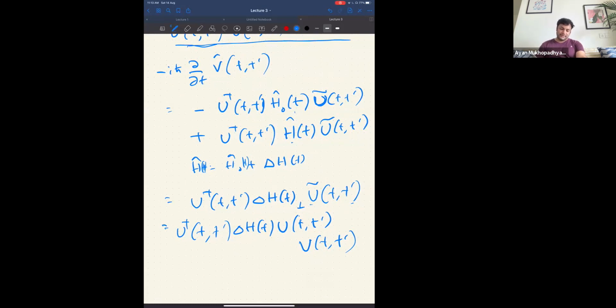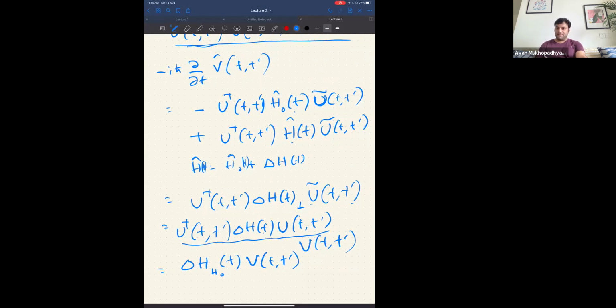Now, what is this object? This object is delta H, but in the Heisenberg picture with respect to H0, at time t, and then V(t,t').